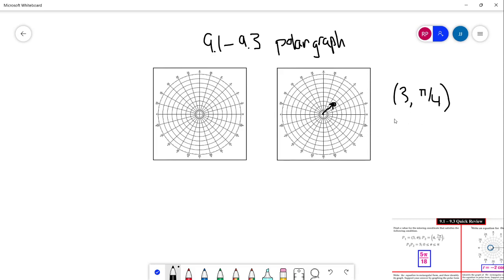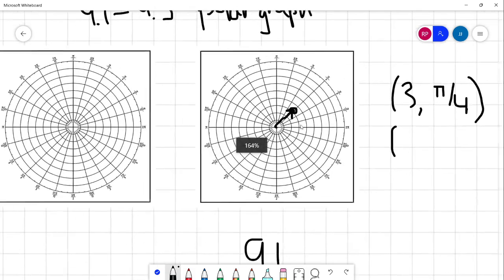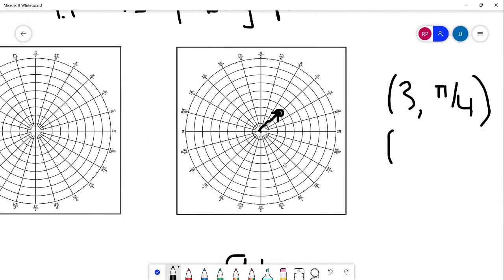Now this can be broken down into component form, and this is what the first 9.1 section is about, essentially breaking this down into component form. Some of these can be done using common triangles. For example, this is pi over 4, which you know is root 2, 1, 1, right?